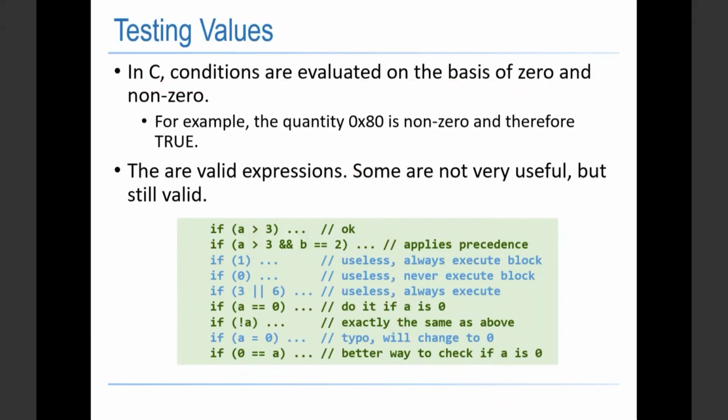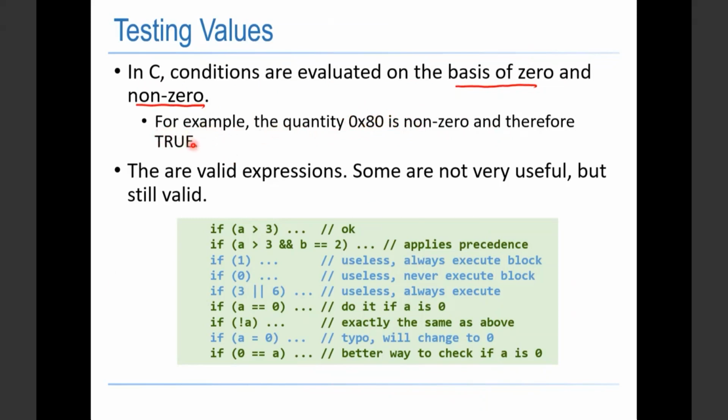So we only look at whether the condition produces a zero value or a non-zero value. For example, this quantity is non-zero because you have values here, and therefore this condition is true.